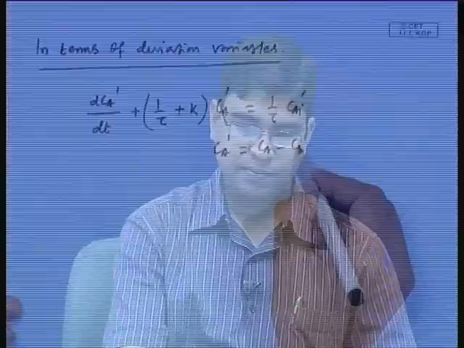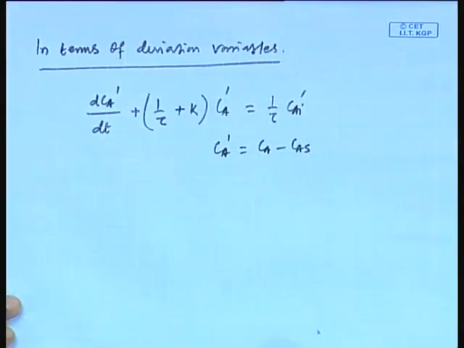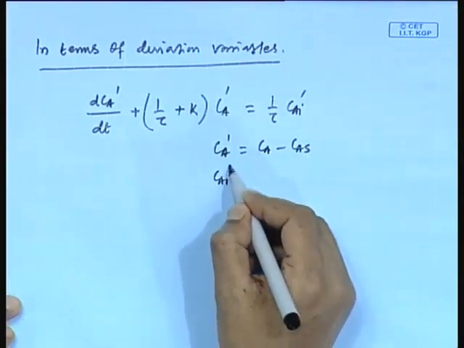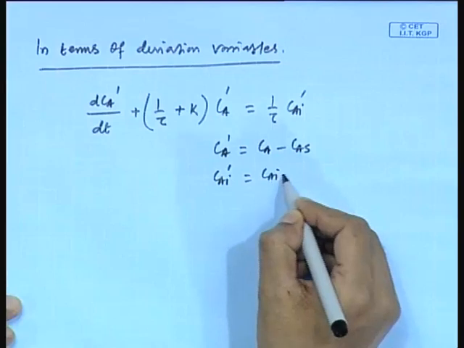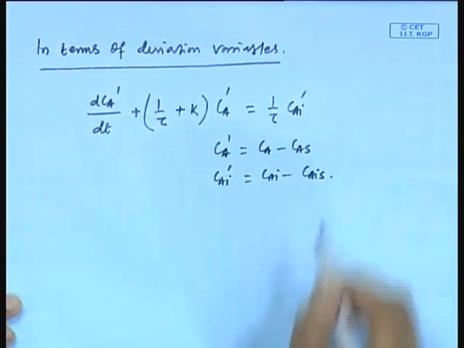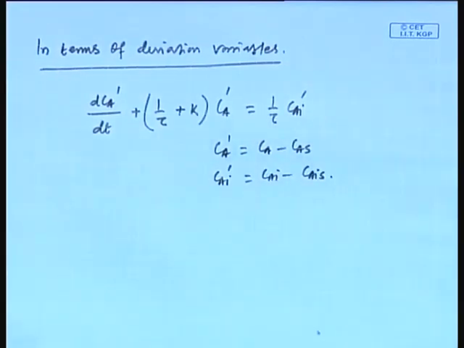This will be the model equation in terms of deviation variables, where Ca prime is Ca minus Cas and Cai prime is Cai minus Cais.